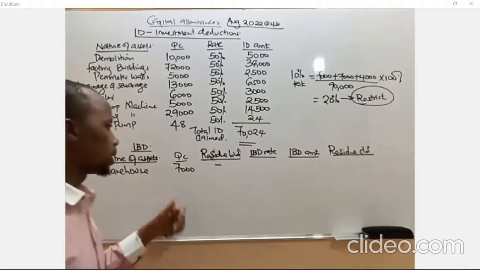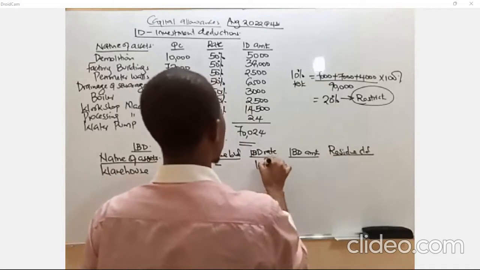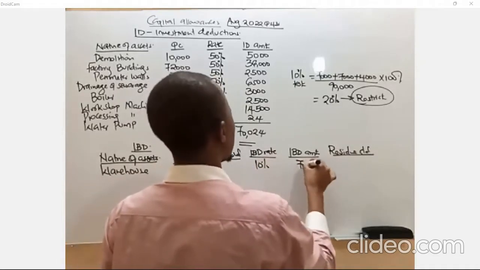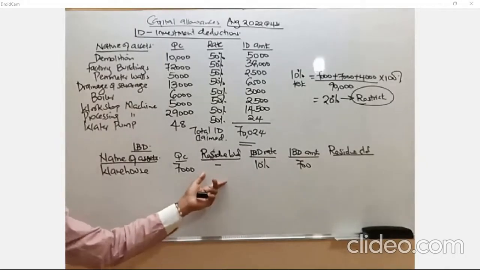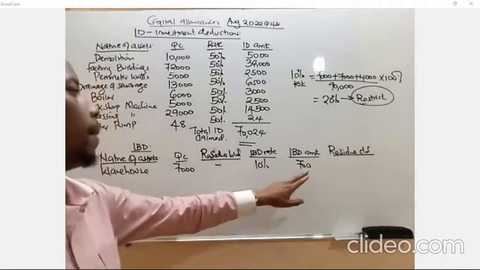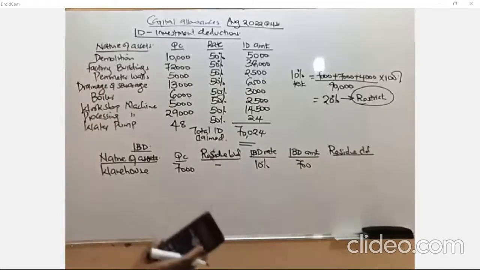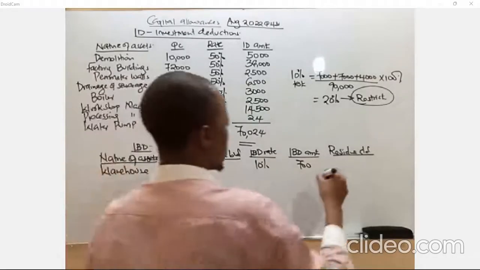So 7,000, the rate will be 10%. Here will be 700, right? What will be the residue carried down? If, for example, we had the residue brought down, we get the residue brought down minus the IBD amount to get the residue carried down. But in this case, because we don't have, take your qualifying cost, 7,000 minus 700, getting 6,300.